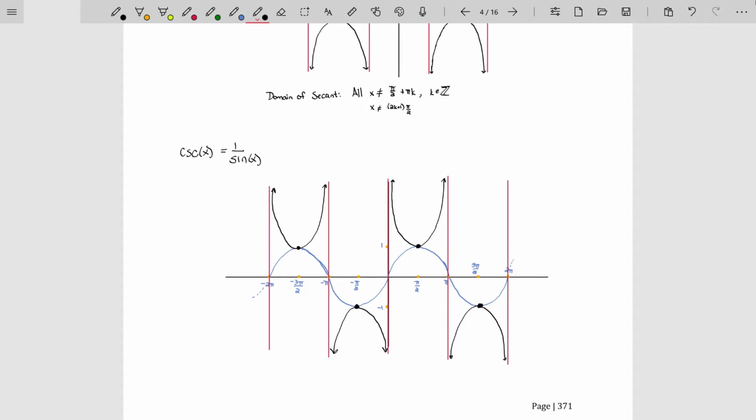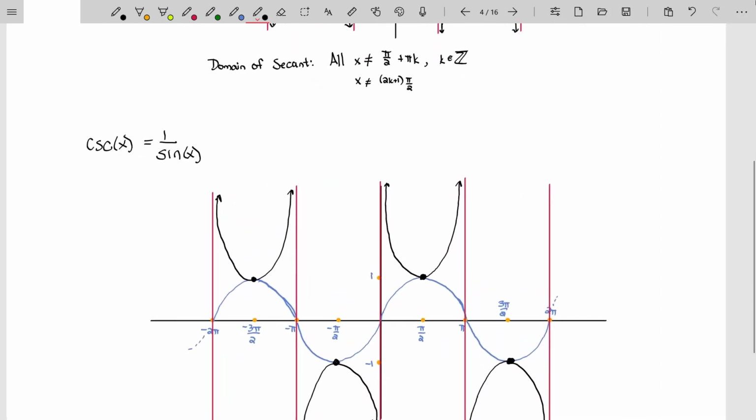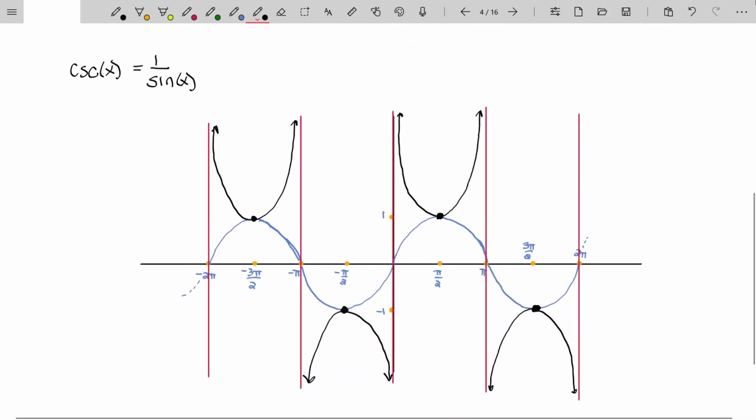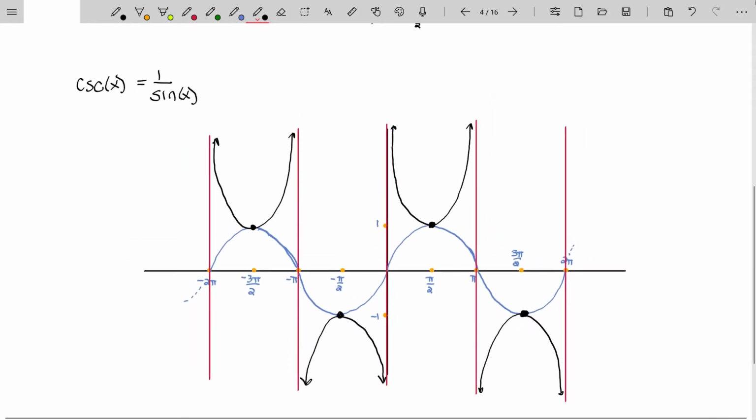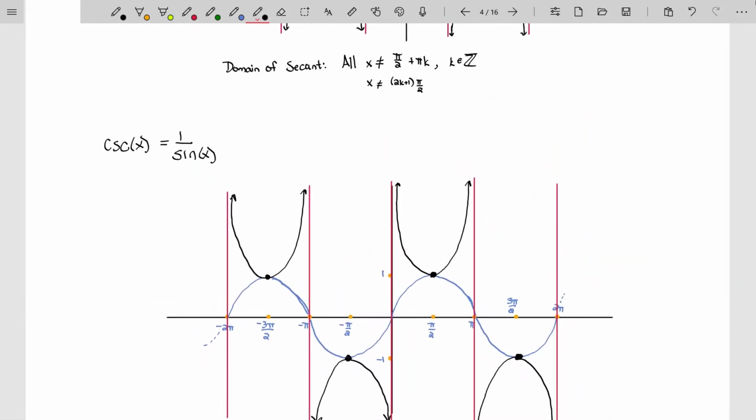A couple other things, since I mentioned it for the secant, let's mention the domain of the cosecant. You can see that the x values are not allowed to be any integer multiple of pi. So I could say that the domain of the cosecant is going to be all x values not equal to some integer multiple of pi.